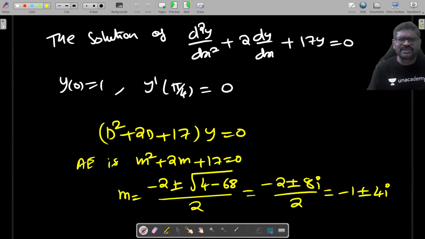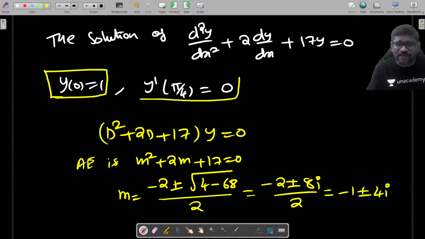In this problem, they have provided two boundary conditions. y of 0 equal to 1. y dash of pi by 4 equal to 0.